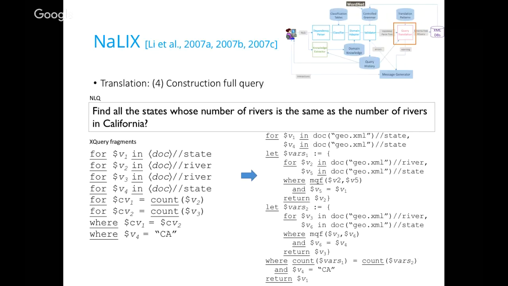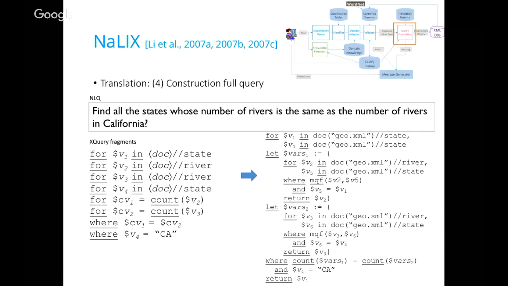So remember, we talked about two composite variables, right? You can say each one of them corresponds to a subquery in my translated query. So here, I first describe how to compute the number of rivers. For every state, return all the rivers from the state.